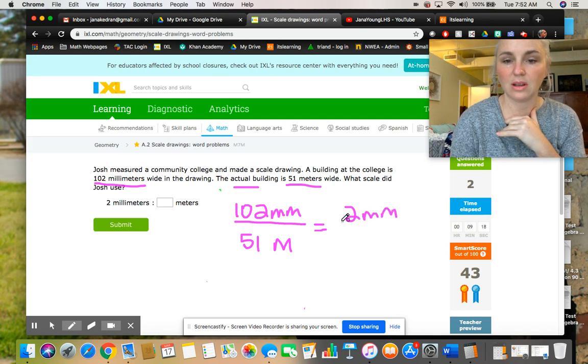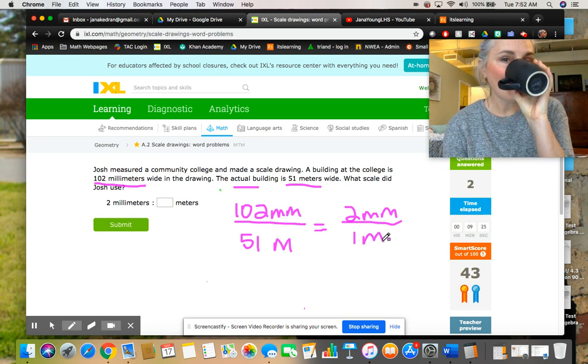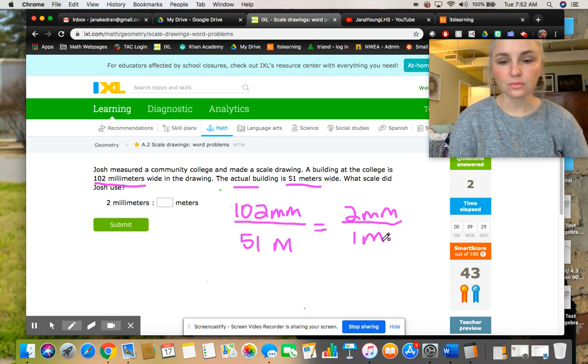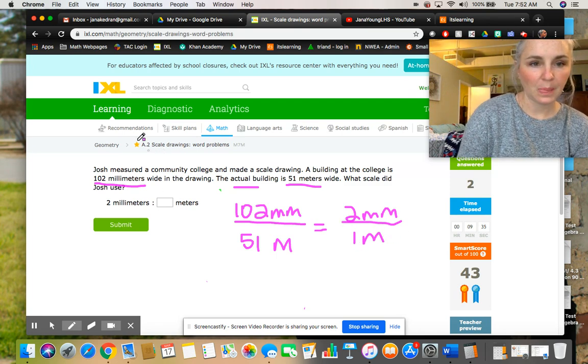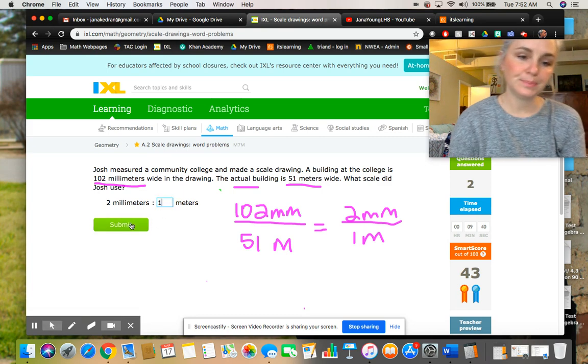And remember, there's always an understood 1. So this would be 2 millimeters over 1 meter. So for every 2 millimeters in the drawing, you'd have 1 meter in real life. Okay, so right here, it's 2 to 1.